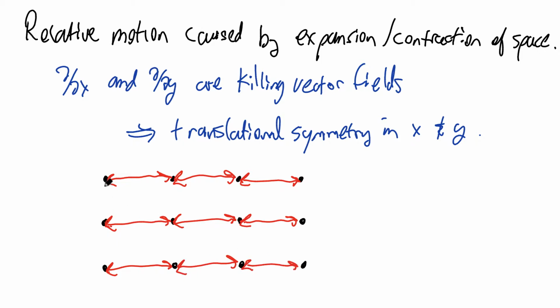And at the same time, space contracts in the y direction, causing all of these distances to decrease. And of course, half a period later, the gravitational wave causes a contraction of space in the x direction and an expansion of space in the y direction.